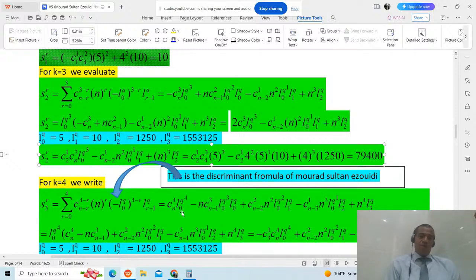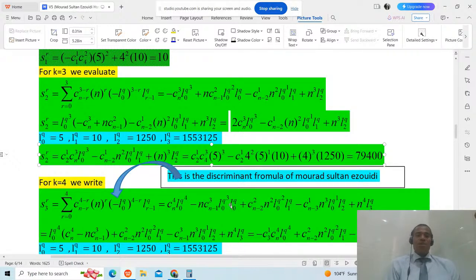Therefore, this one is equal to combination n choose 4 L0 of the q raised to the power 4, minus n combination n minus 1 choose 3 L0 of the q raised to the power 3 times L0 of the q, plus combination n minus 2 choose 2 and squared L0 of the q squared times L1, minus combination n minus 3 choose 1 and cubed L0 of the q times L2 of the q, plus n raised to the power 4 times L3 of the q.